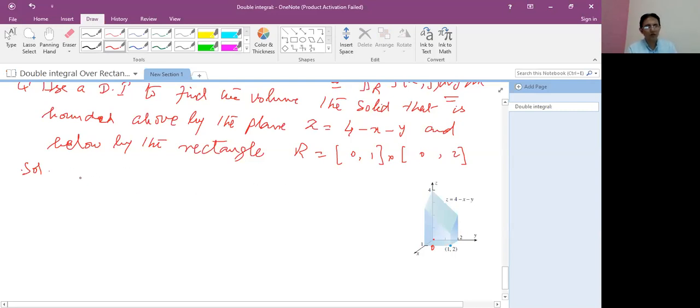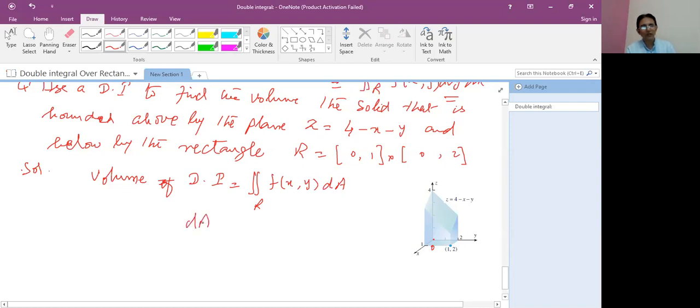So if you are applying the formula, first we write the formula. How can you find the volume of a double integral? The volume equals the double integral over R, where R is a rectangular region, of f(x,y) dA.